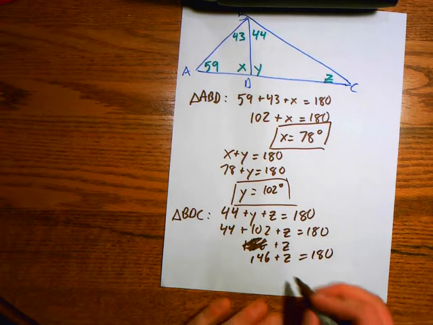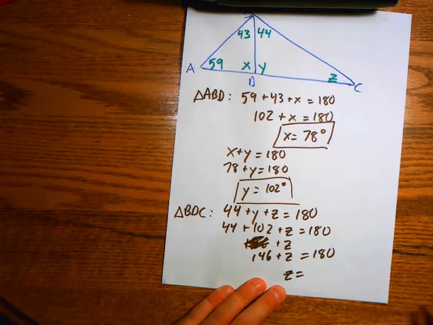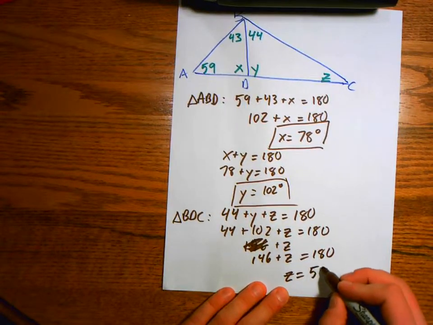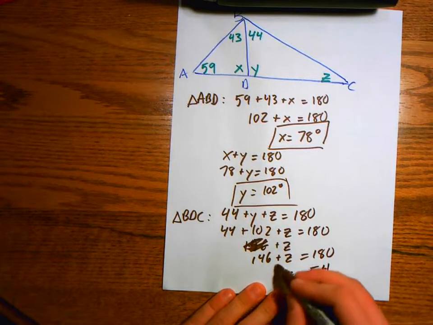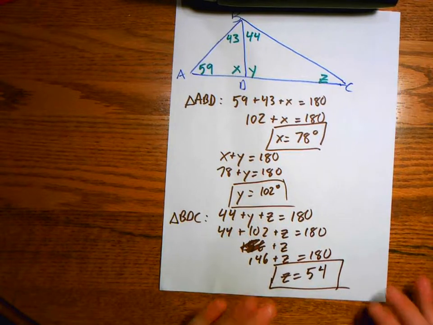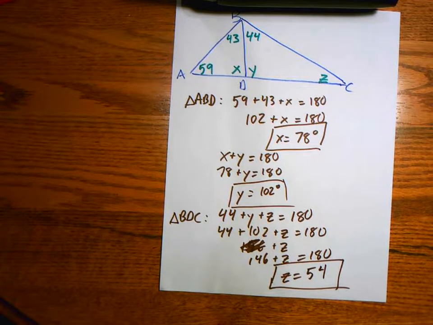Then subtracting 146 on both sides, we get z is equal to 54 degrees. Okay, so this is a way we can use sums of the triangles, if we know two, to find a missing one and to get the measures of each of the missing angles.